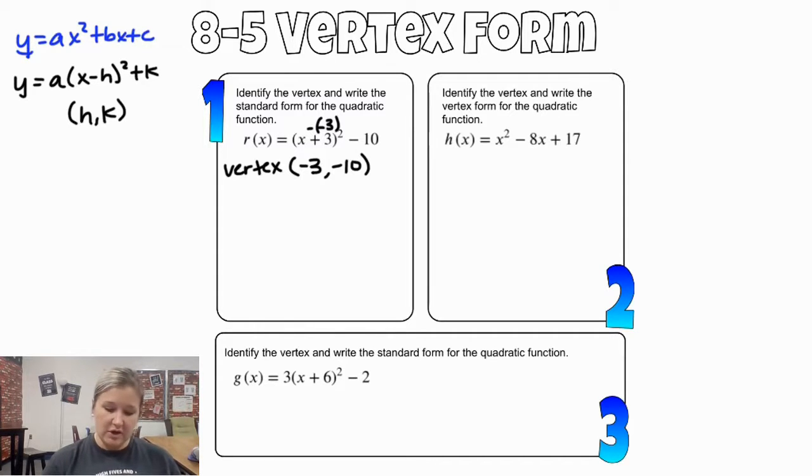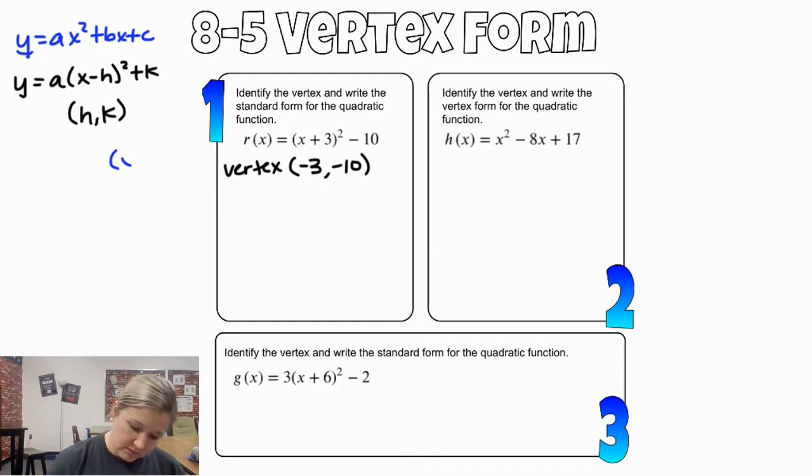So now here comes the hard part: writing this in standard form. What we're going to do is multiply out x plus 3 squared. You cannot just square x and square 3, because x plus 3 squared means I'm going to take x plus 3 times x plus 3. When I do that, I have to use FOIL. So I'm going to come over here.